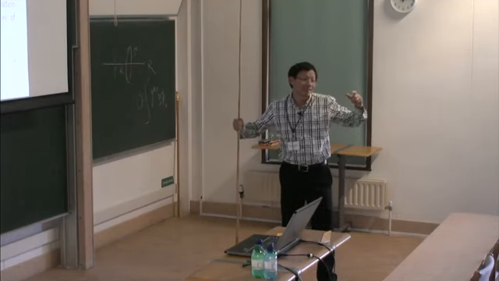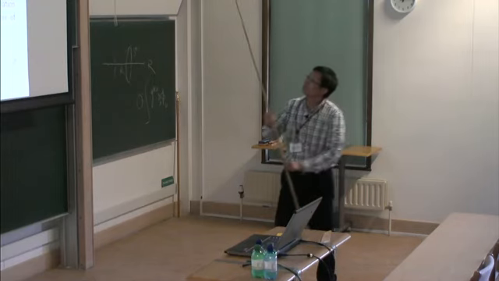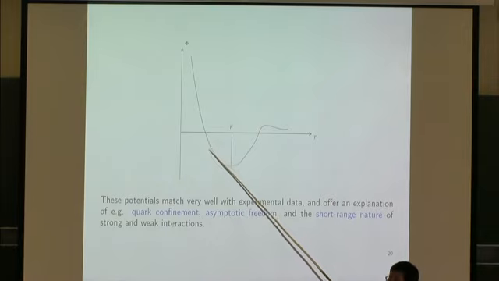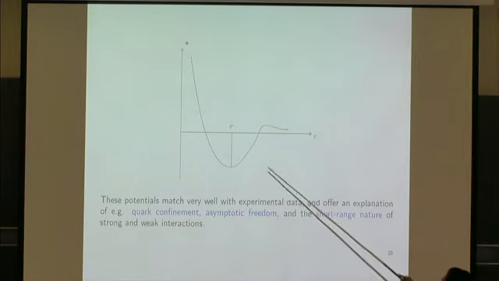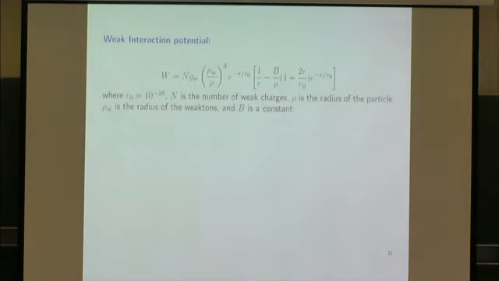Without this, the whole universe would be crushed, because when the two quarks are moving too close, they push things away. And this is the place which corresponds to asymptotic freedom, because the force is sort of weak. And then there's also the attraction property of the strong force. And you can also derive the weak force potentials. So I'll stop here. Thank you.